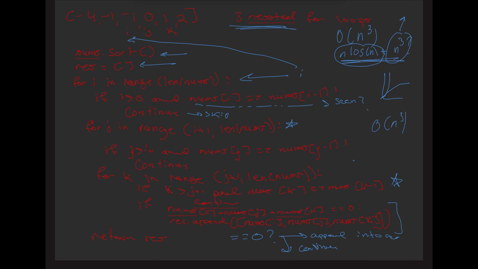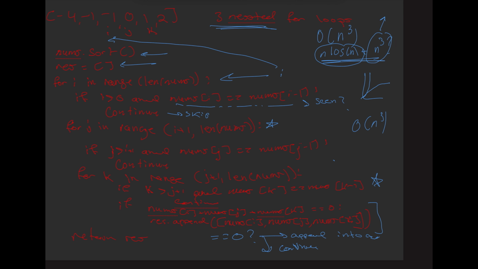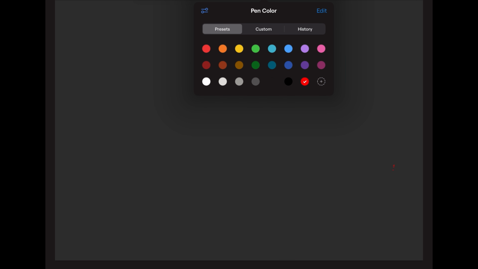But that being said, let me go ahead and jump into the optimal solution, which I think once you've seen the brute force, the optimal solution will also make a lot of sense. So I'm going to copy this guy over. And the optimal solution is using a 2-pointer technique.